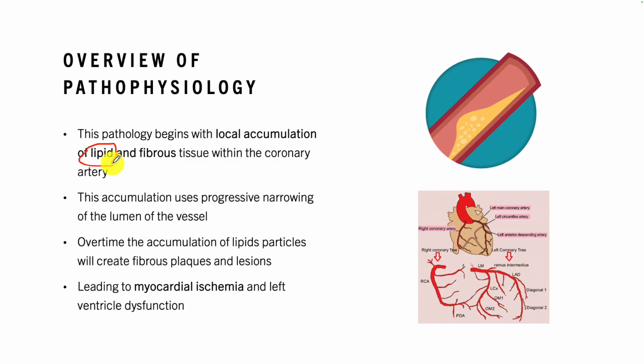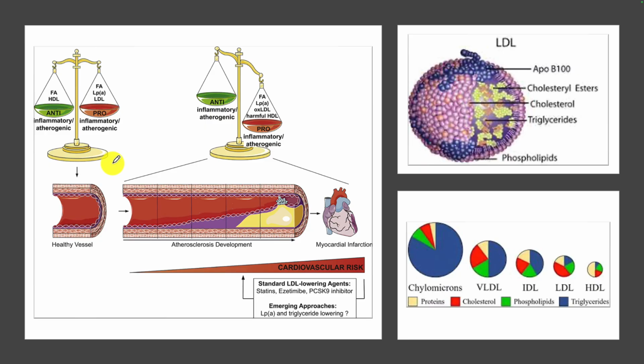So if you start to look at this slide here, you will see that this plaque formation is a combination of pro-inflammatory response, a combination of low-density lipids accumulating, and a combination of vessels trying to rebuild themselves or repair themselves.